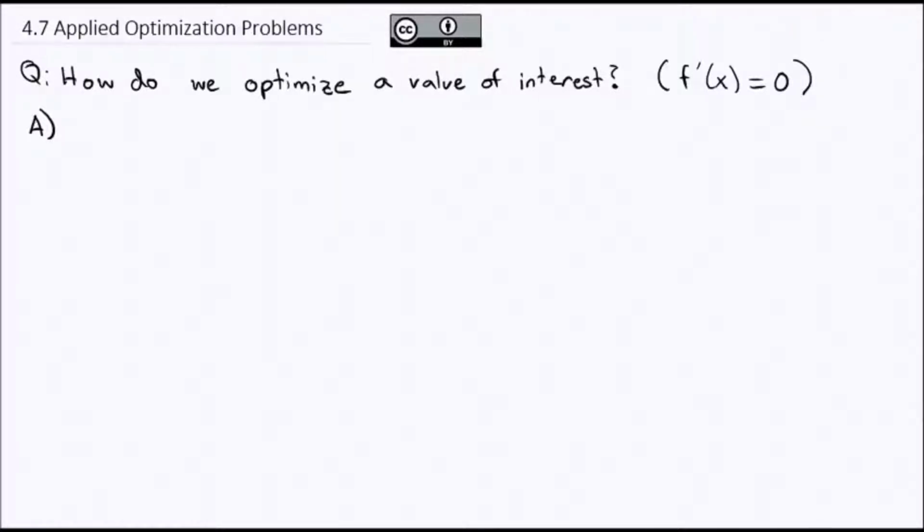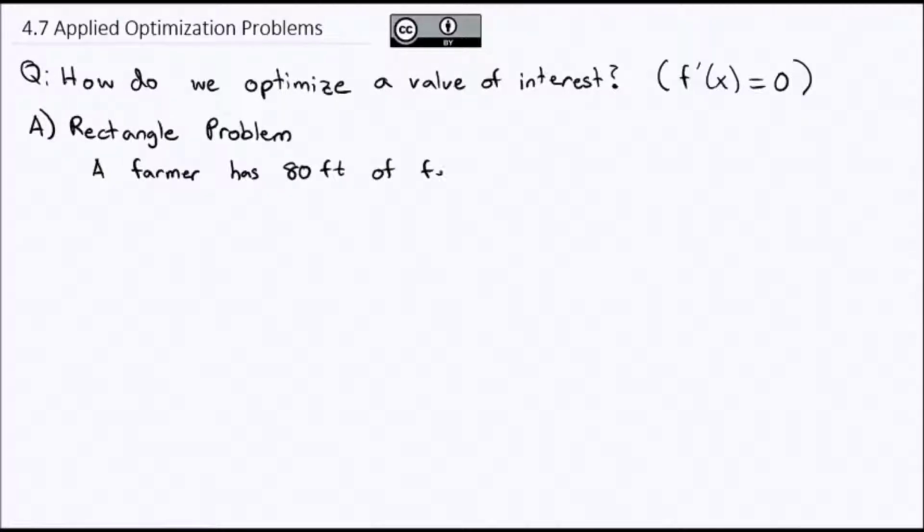The first classic problem is what we call the rectangle problem, where we're generally trying to either minimize the perimeter, maximize the area, something related to that effect. So let's say a farmer has 80 feet of fencing to enclose a pasture along a rock wall.